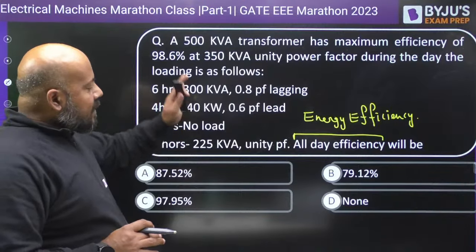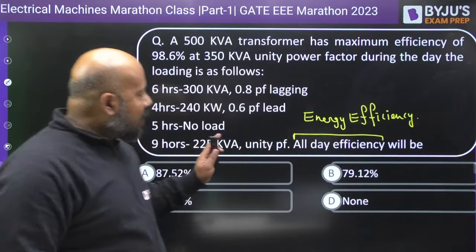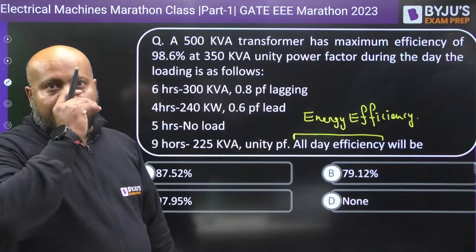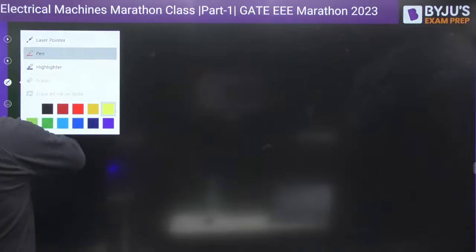But for defining the efficiency of distribution transformers, we use the concept of all-day efficiency or energy efficiency to know their performance, where the time factor is also involved.